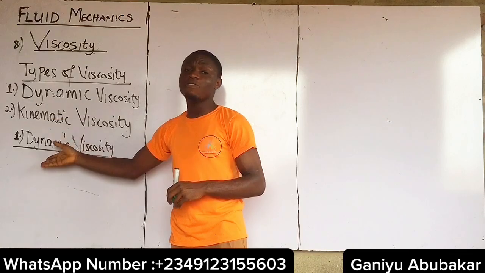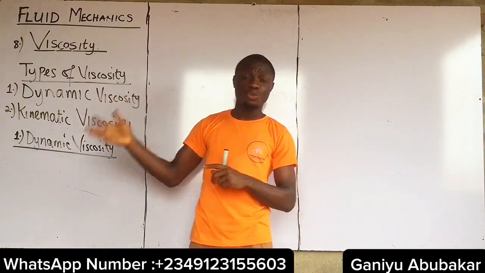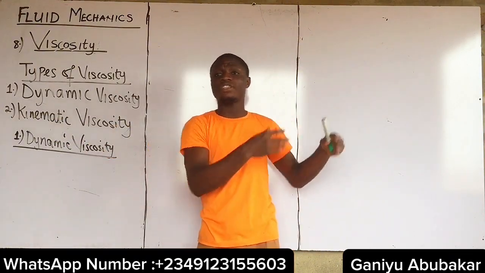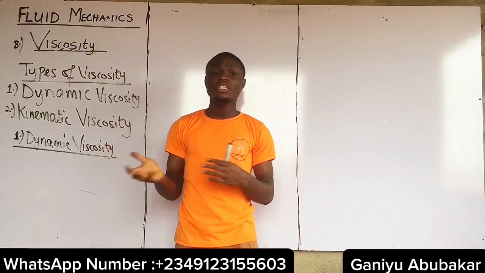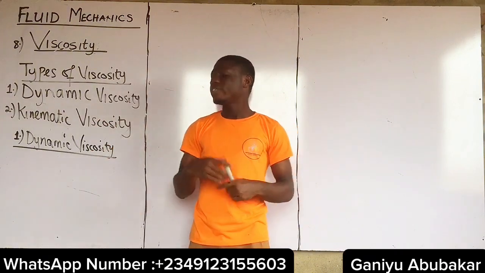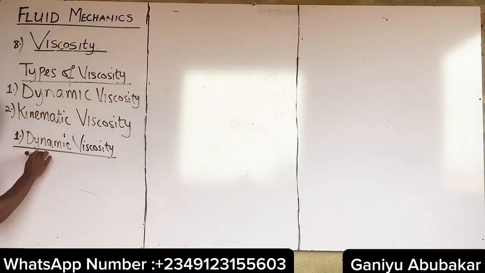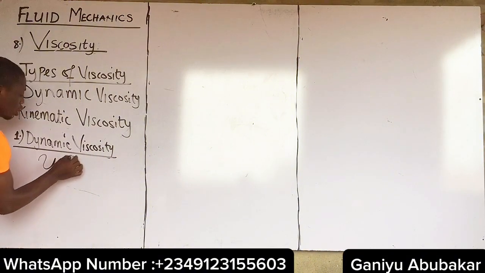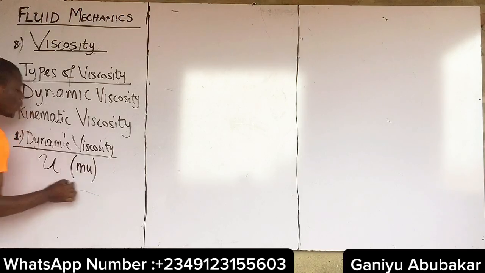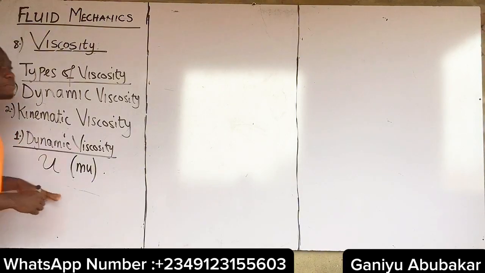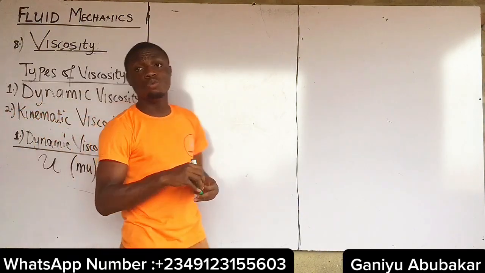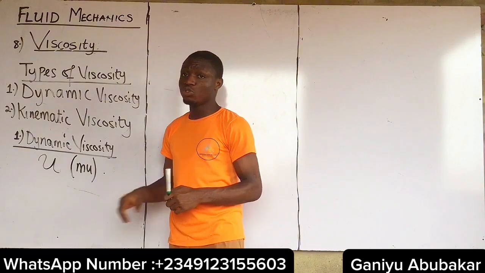I'm saying that dynamic viscosity can be defined as the ratio of shear stress to velocity gradient. It is represented by a Greek symbol called mu.